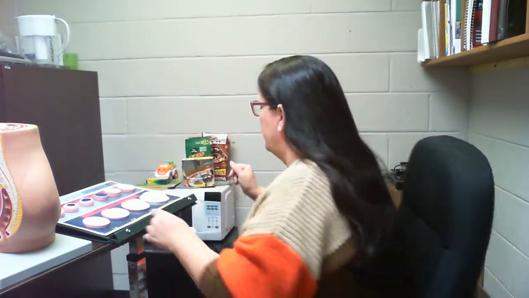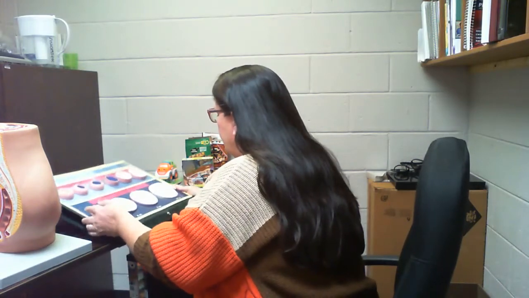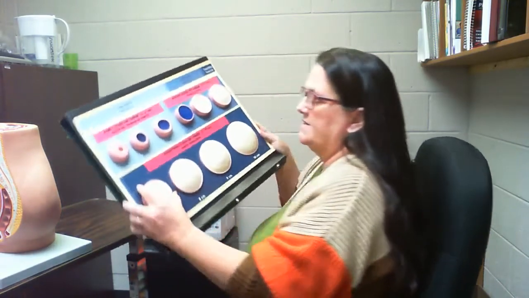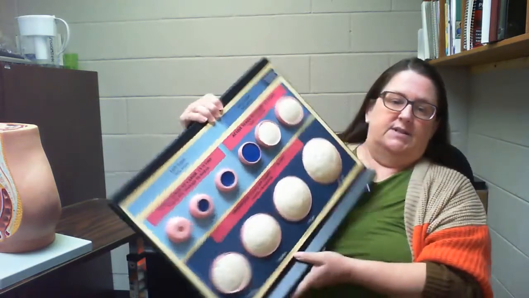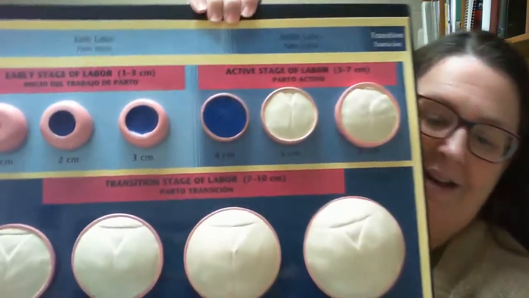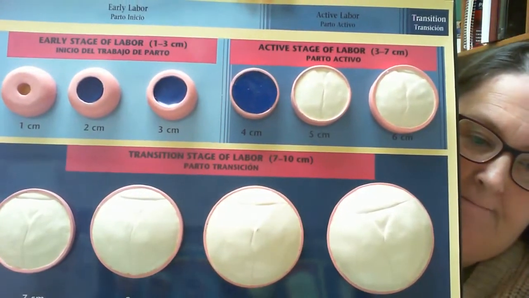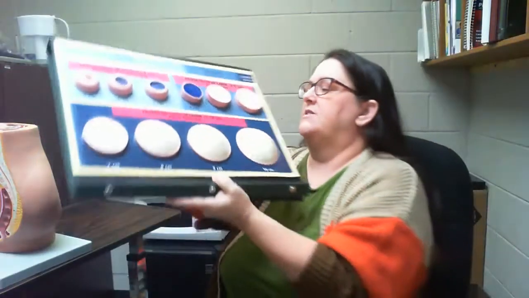And neither one of these models have fontanelles modeled in. This model does. It may be difficult to see. You can see the anterior fontanelle. Okay. That's a cervical model we're going to look at in a bit.